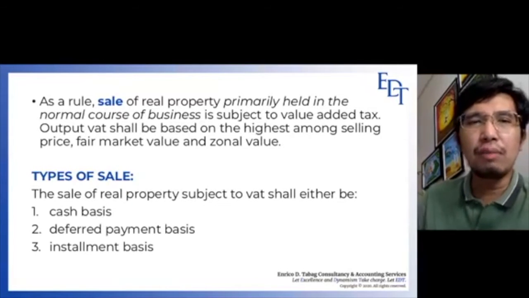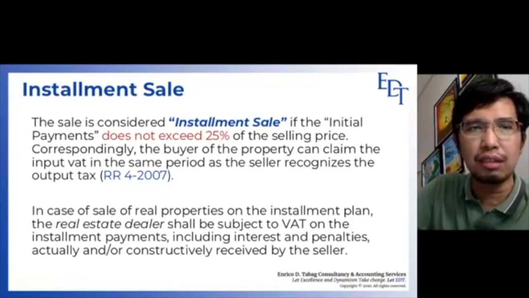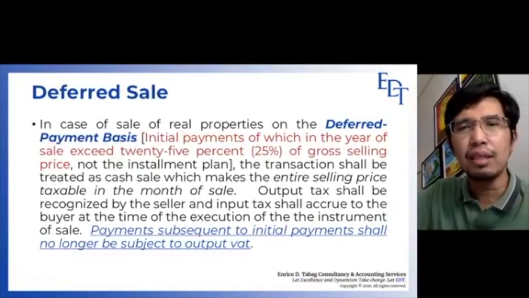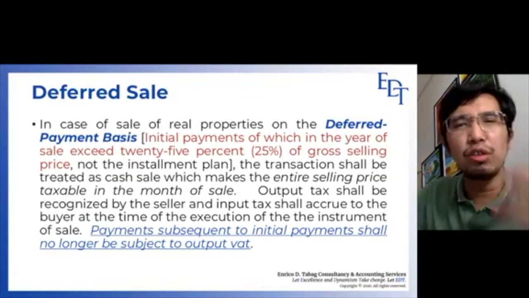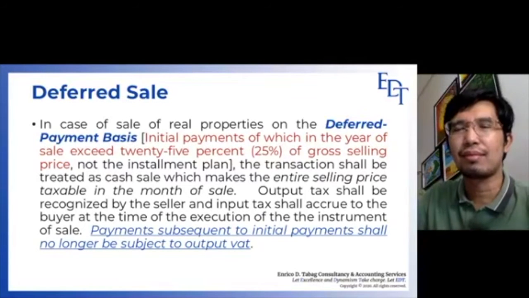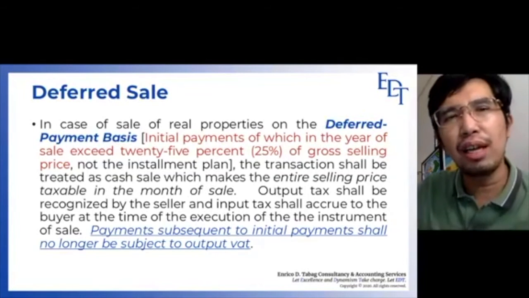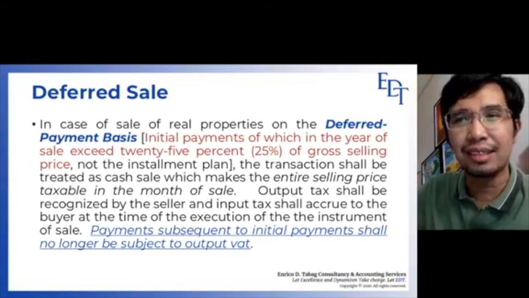So, ano ang magiging tax consequence kung ganon? So, ganito tayo. Dito muna tayo sa deferred sale. It is called deferred sale, again, if yung ratio ng initial payment over selling price ay lagpas 25%. If it will fall under this category of sale, we will treat it as cash sale.